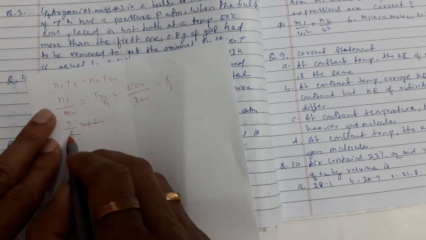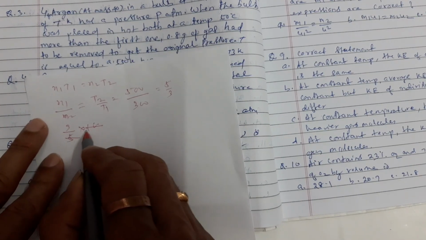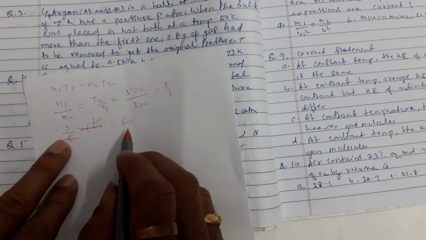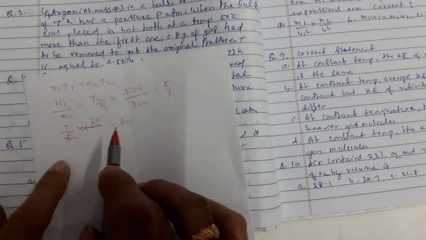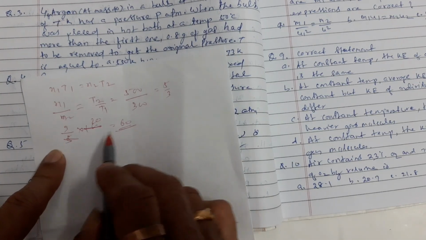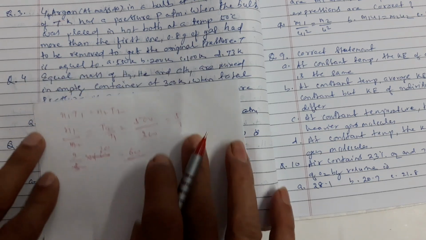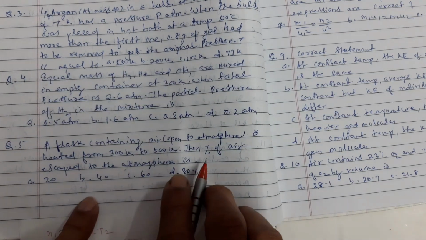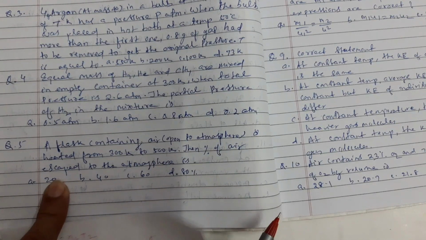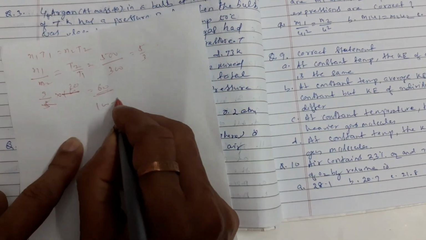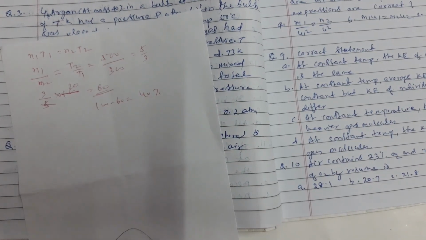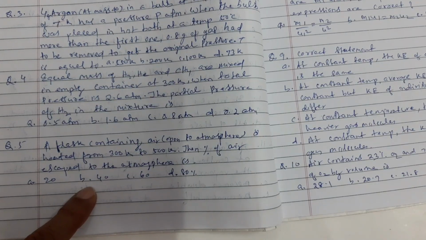You will get 60%. The question asks for the loss, the portion of air escaped to the atmosphere. That is 100 minus 60, that is 40% escaped. The remaining is 60%. So choice B is the correct answer.